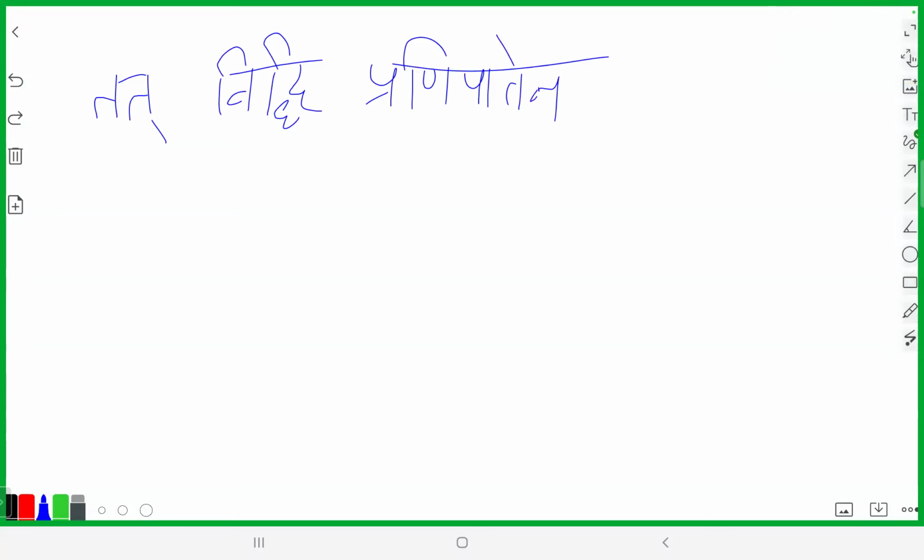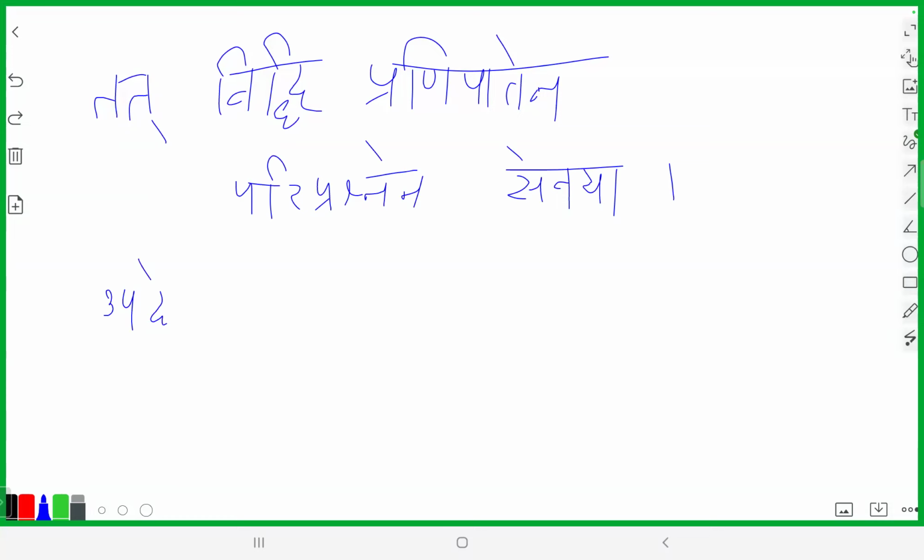So, what is the process for a jnani to give you knowledge? Tadviddhi pranipatena, pariprashnena, sevaya. So, what are the instruments for getting knowledge? Upadekshyanti. Te here is Tubhyam, from Yushmad.